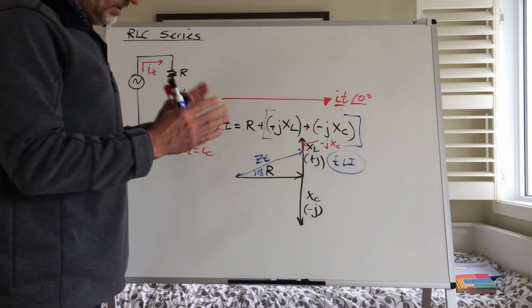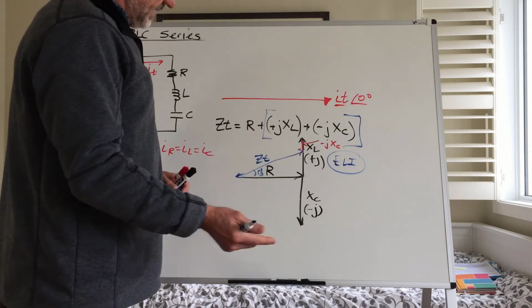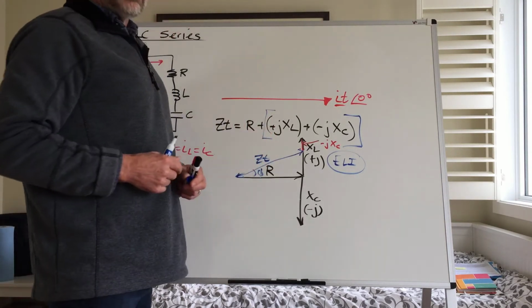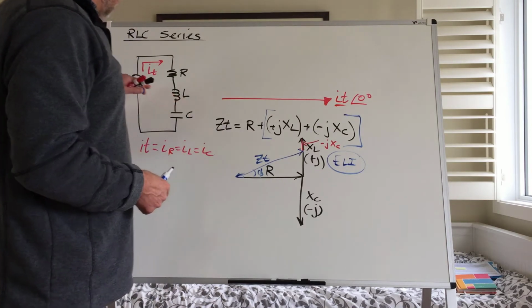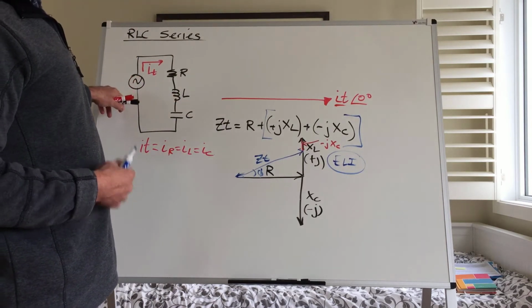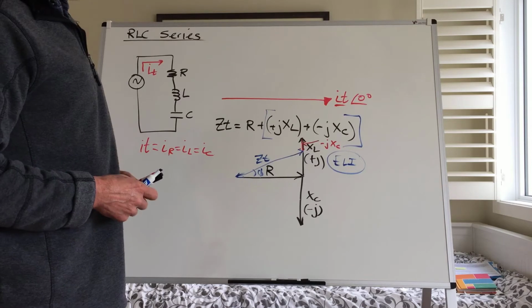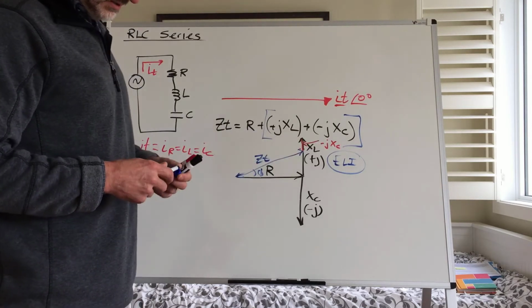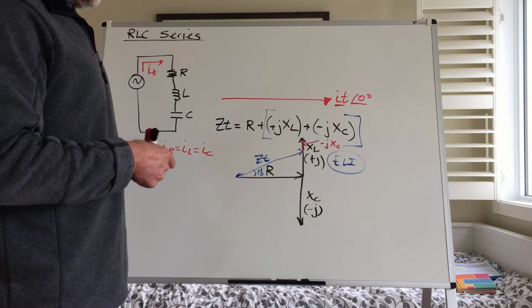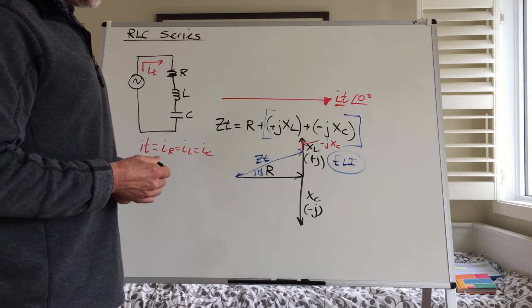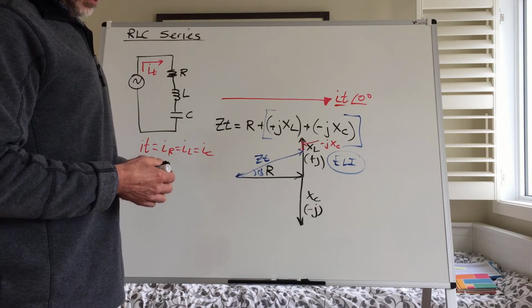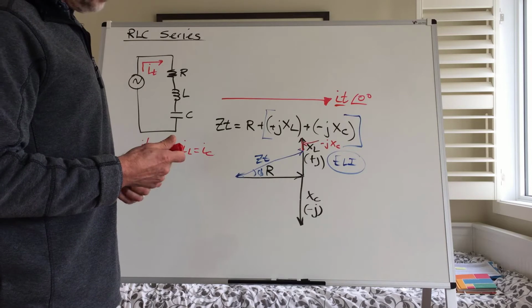Sure enough, you know by Ohm's law that if you divide a positive value of impedance into an applied voltage at 0 degrees, you get a lagging current. So sure enough, ELI does apply to that relationship. And of course, what happens if we have a minus J component greater than a plus J component?